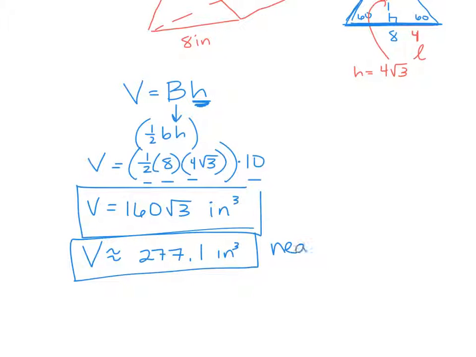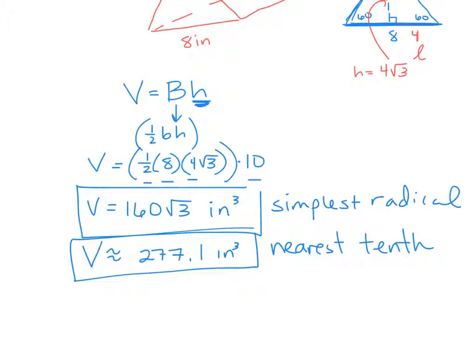This is nearest 10th. If they said simplest radical, it should look like that. Okay? Questions on that? All right. That's volume of a prism.